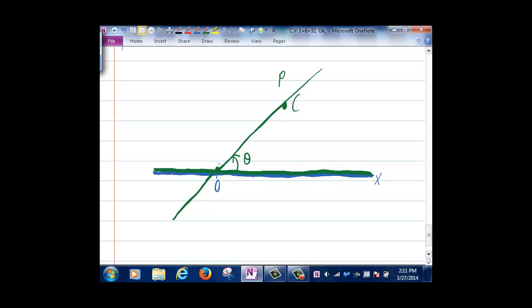Well, one of them is the distance from the origin. Let's call that r. Because the polar axis is a real number line, this is the real number r. And then the second coordinate would be given by theta.